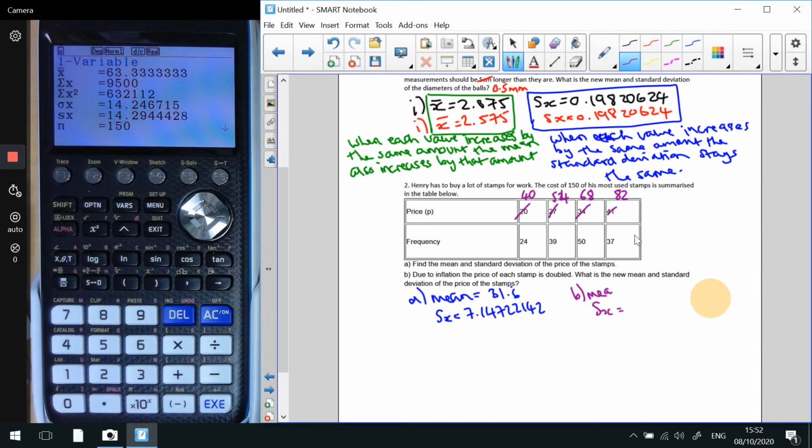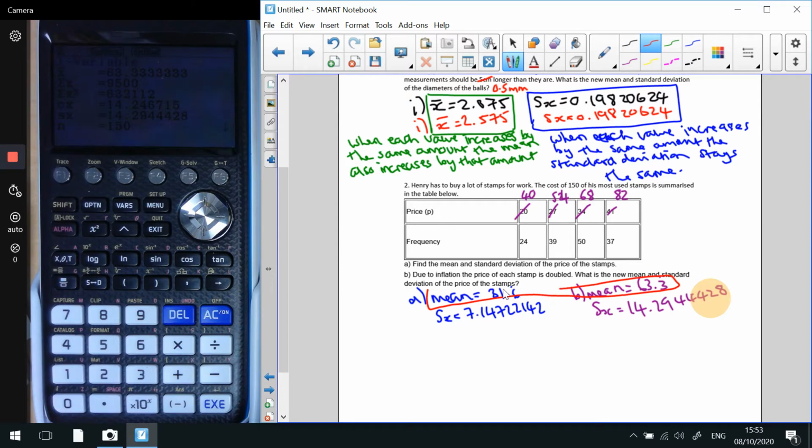So we should have a mean of 63.3 recurring, and we should have a sample standard deviation of 40.2944428. Now, between our means, it's a bit difficult to tell, but it seems that when we have doubled each value, we have doubled our mean.